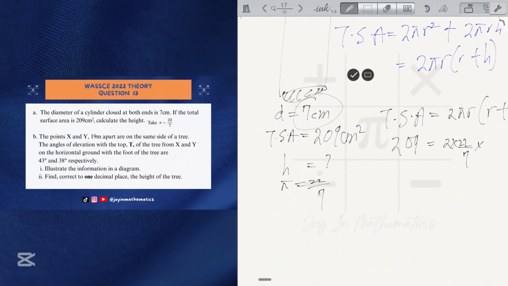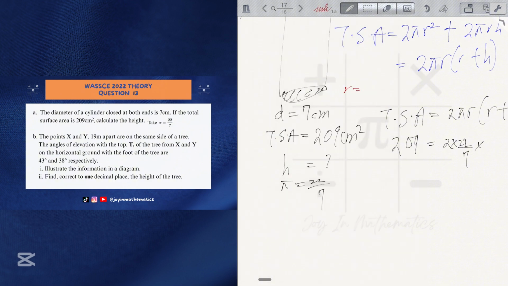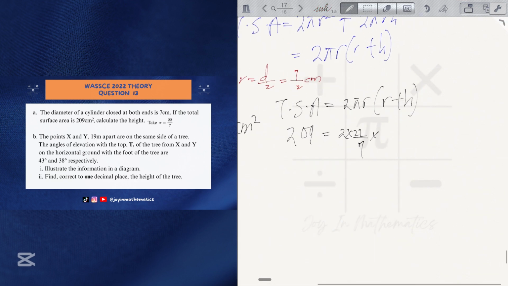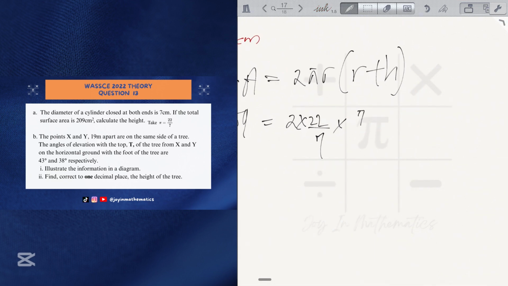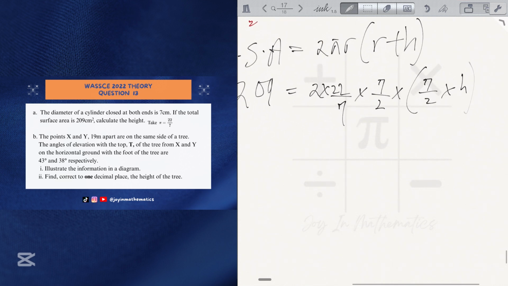The radius is diameter over 2. So this is 7 over 2 centimeters. So we have radius to be equal to 7 over 2. And we are multiplying it by the radius, 7 over 2, multiplied by the height h. So we are looking for h. Let's evaluate this now.